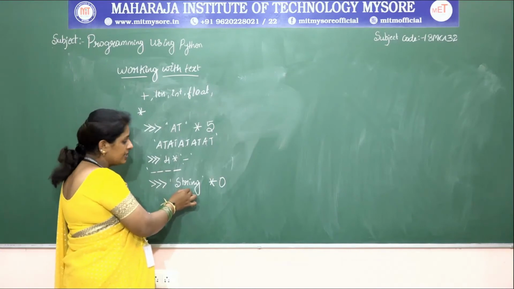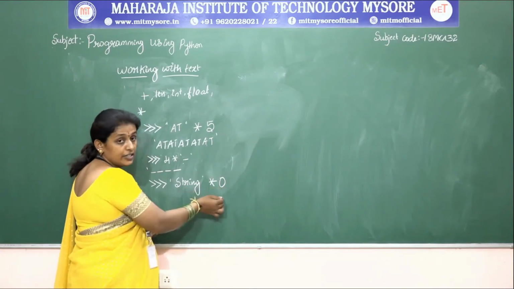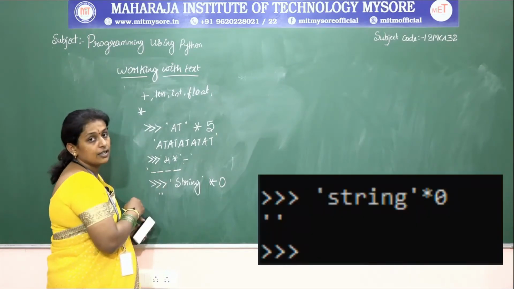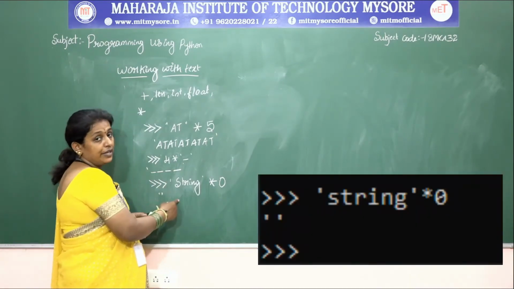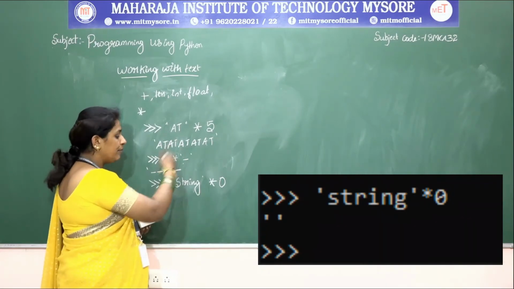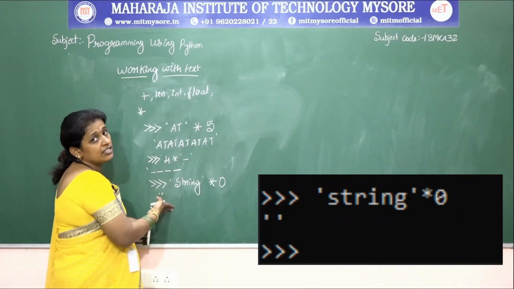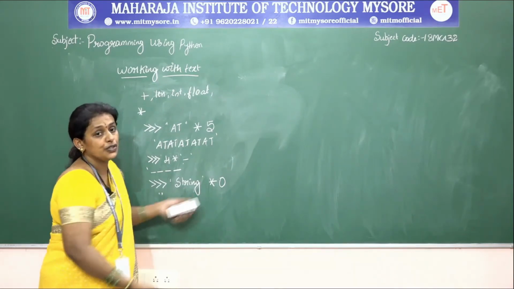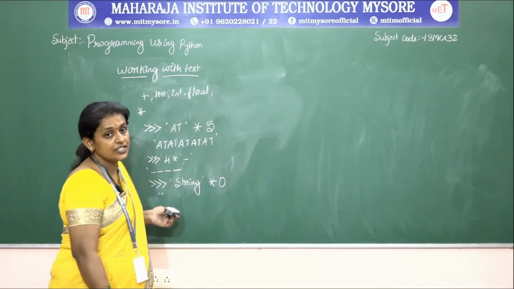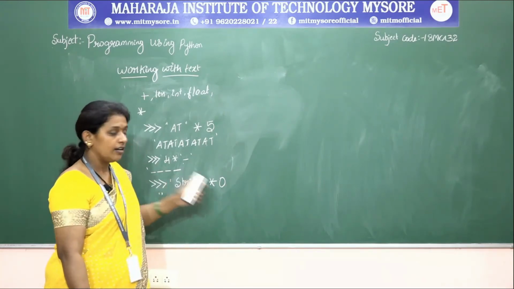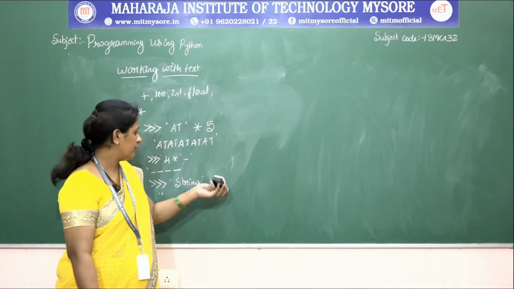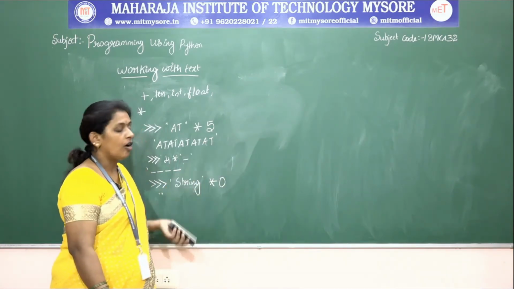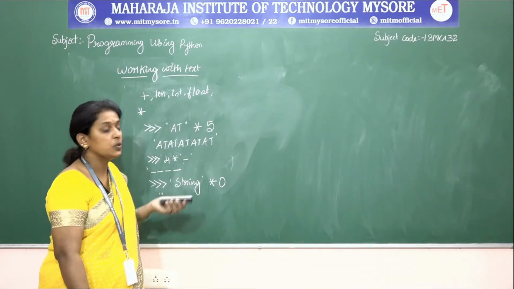When this statement gets executed, the output is like this, because it gives an empty string. 0 multiplied with any value gives 0 itself, so when we multiply a string with 0, we get an empty string. When multiplying with a value less than or equal to 0, all the time we will get an empty string only.